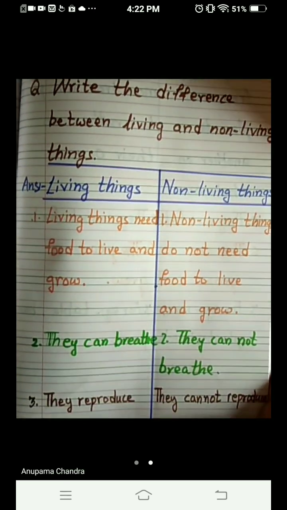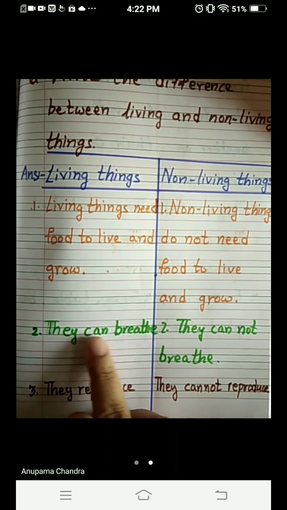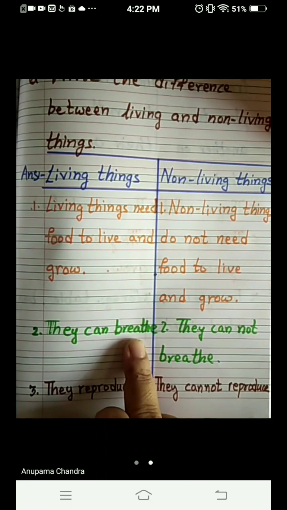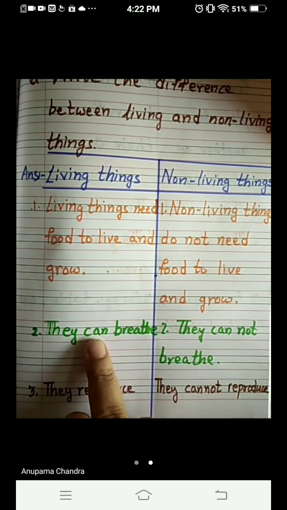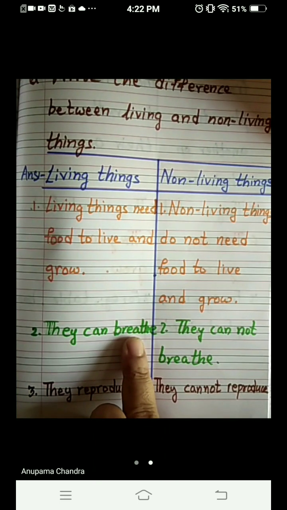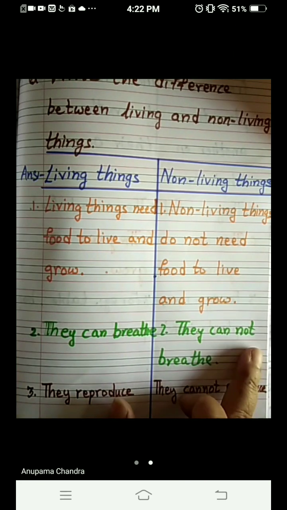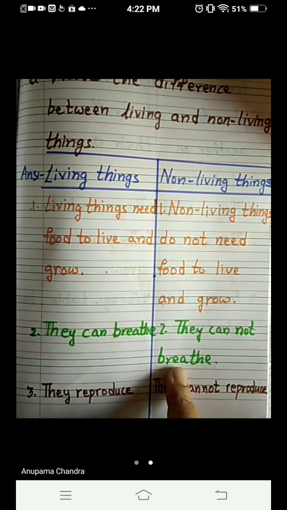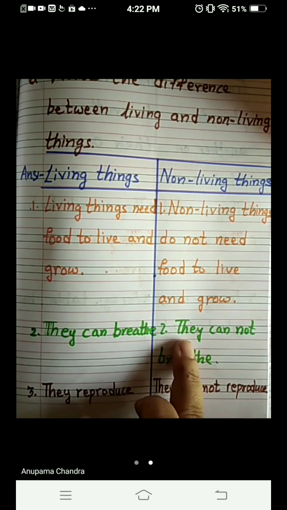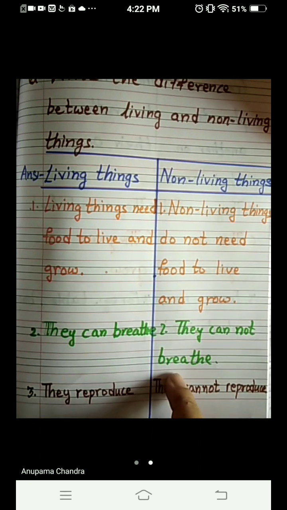Come to the second point. They can breathe. This was about living things. Living things can breathe. Now come to non-living things. They cannot breathe.